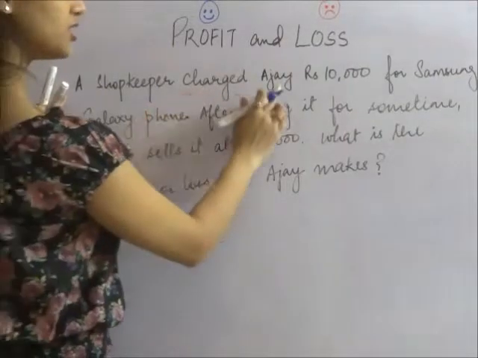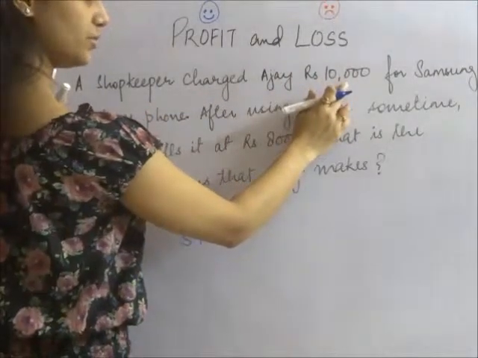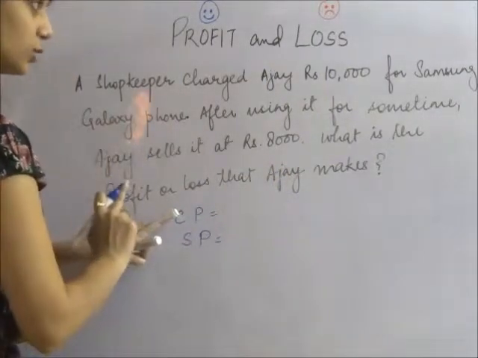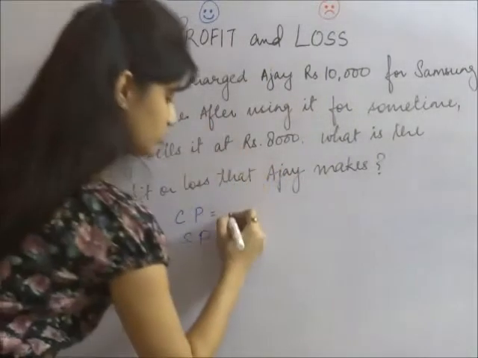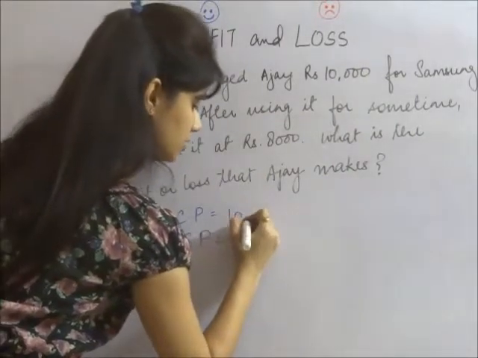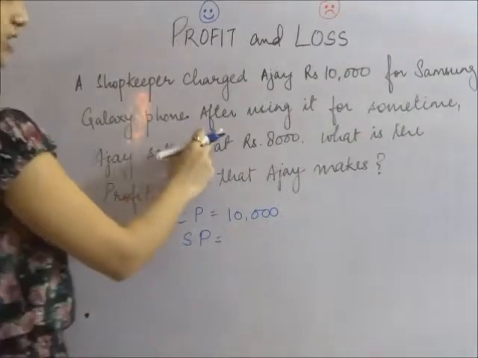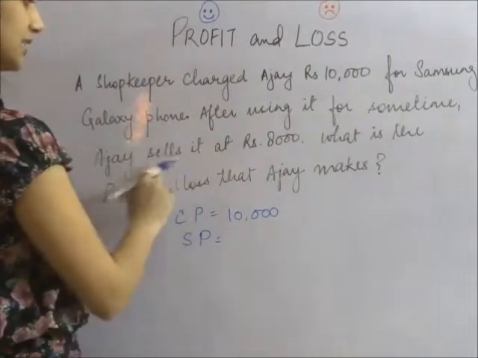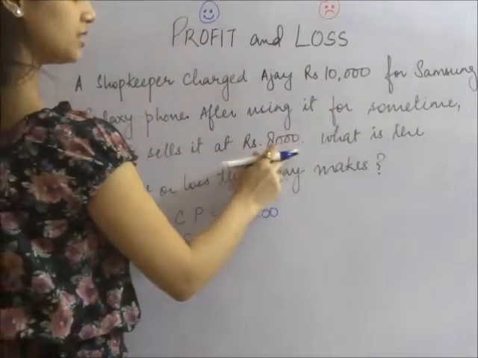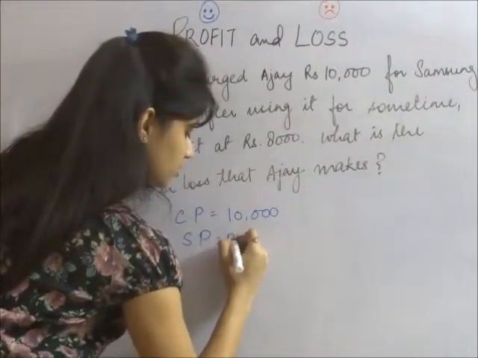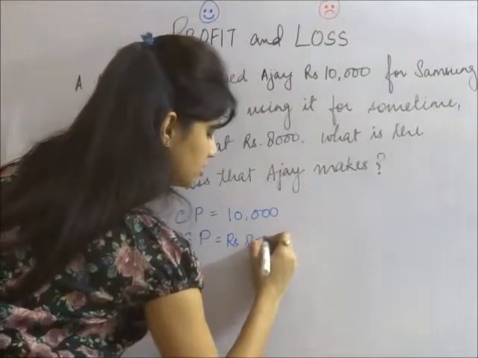Shopkeeper charged Ajay 10,000 rupees. That means Ajay must have paid rupees 10,000 to purchase this phone. So purchasing price or the cost price becomes 10,000. After using it for some time, Ajay sells it at rupees 8,000. So his selling price becomes rupees 8,000.